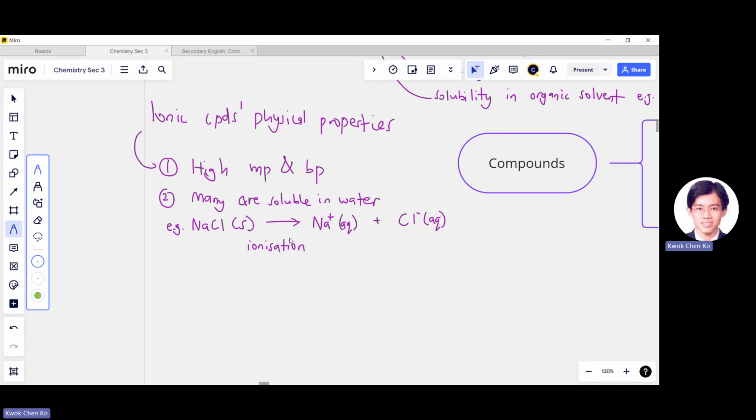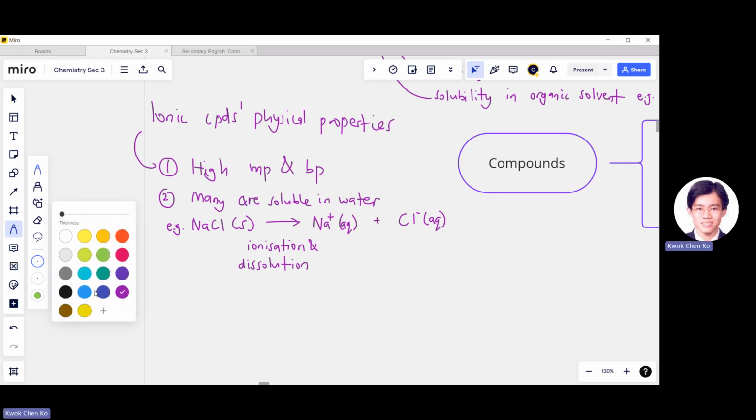Now, obviously, this process is also known as dissolution. The key point is this: once an ionic compound dissolves in water, it breaks up into the two ions.